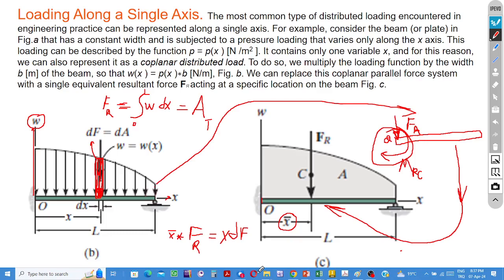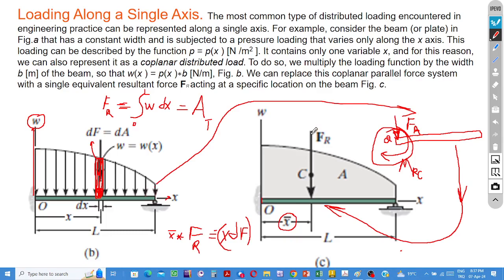Now, in the example, this moment is negative, because this force dF tends to rotate the object in the clockwise direction. And the resultant force must have the same rotation effect.